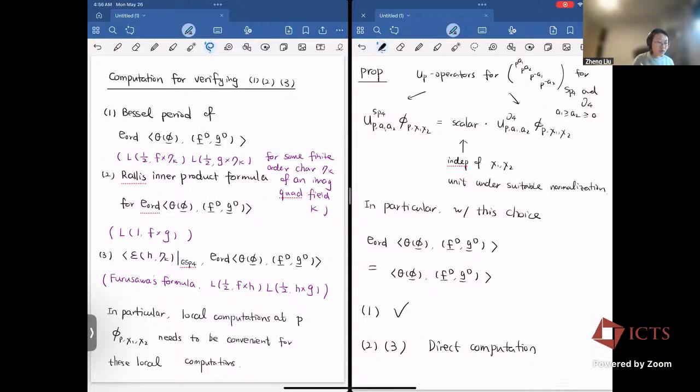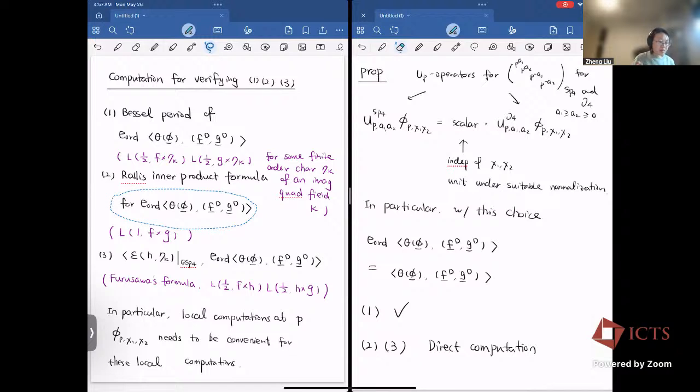But actually for 2 and 3, the computation for 2 is easy when we assume that the Nebentypus of F and G at p is trivial, and we can do general weight.